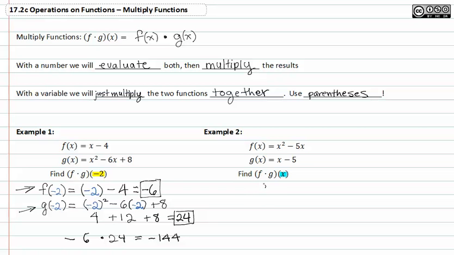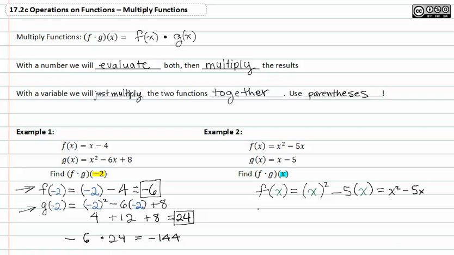So first of all, my generic f of x function, if we were to write it without anything in the x place, we would get this. Since we're asked to evaluate when we have an x in the function instead of a number, that's what it looks like. Another way of writing this that's really simple is x squared minus 5x.